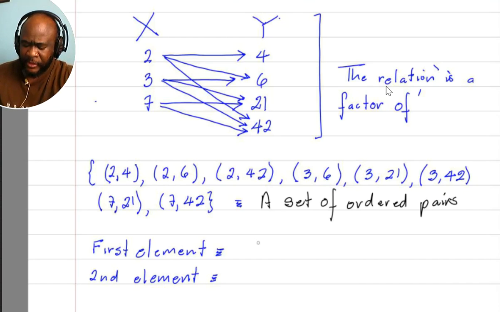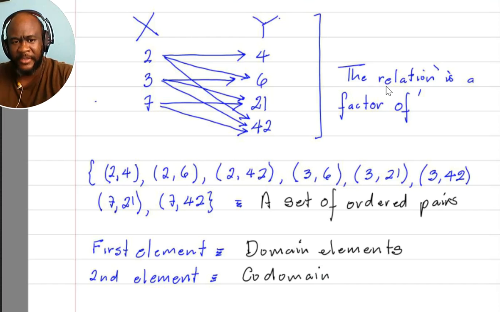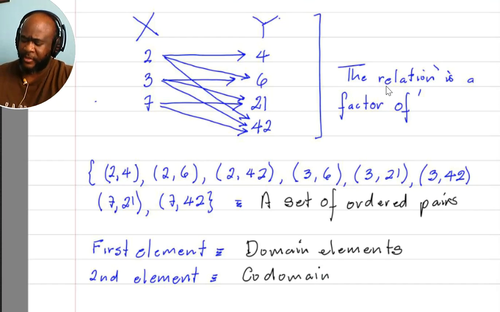The first elements in each ordered pair, the X elements, are the domain elements. Now, the second elements, the 4, 6, 21, and 42, those are elements in the codomain. So the elements to the left, the X elements, are the domain elements. The elements to the right are the codomain.